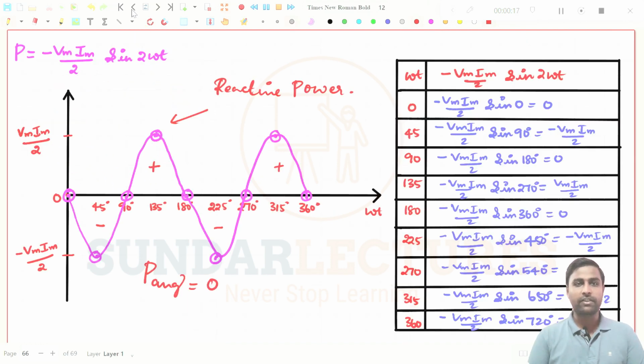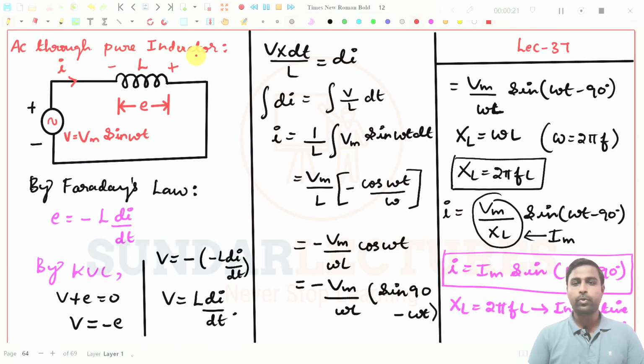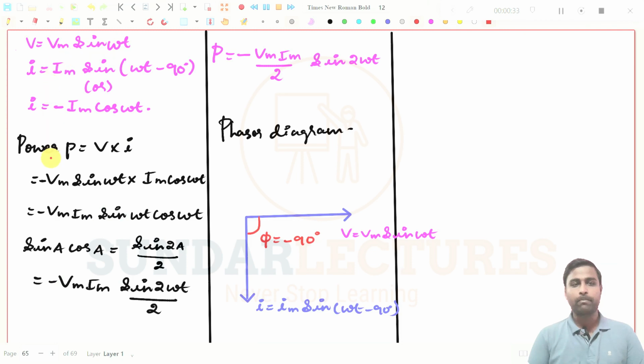What are all the topics we have seen in the last class? We have taken AC through a pure inductor in the previous class, and we derived the expression for current in the inductor, which means a purely inductive circuit when AC supply is given. Then we found the power in the purely inductive circuit, P is equal to minus Vm Im by 2 into sine 2 omega t.